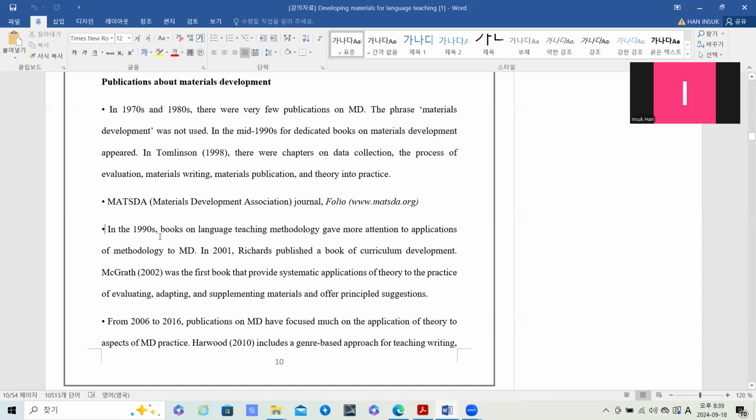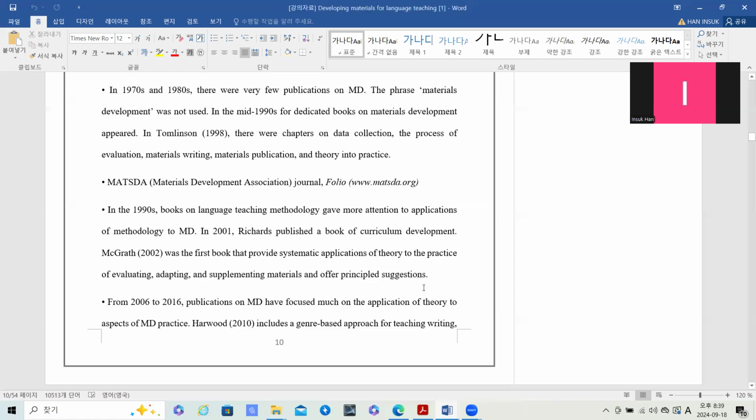In the 1990s, books on language teaching methodology gave more attention to the application of methodology to materials development, and in 2001, Richards published the book on curriculum development. And McGrath was the first book to provide systematic applications of a theory to the practice of evaluating, adapting, and supplementing materials, and offer principled suggestions.